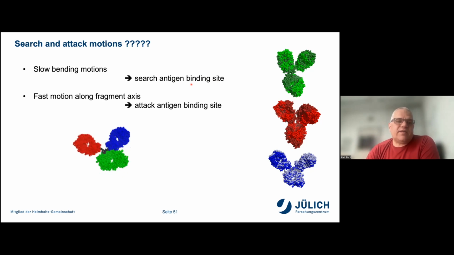And then the fast motion that goes along the axis of the fragment attacks the binding site and tries to bind there with a bit more force, and is not just waiting around until maybe it binds. It is a bit of a more aggressive idea of how this binding is done. We cannot prove this, it's just an idea why we observe this structure and these specific motions.